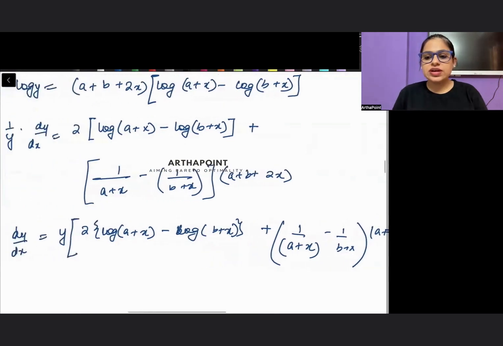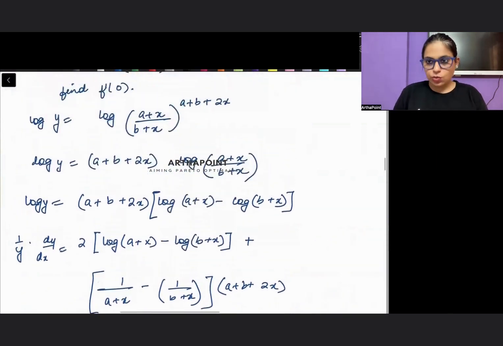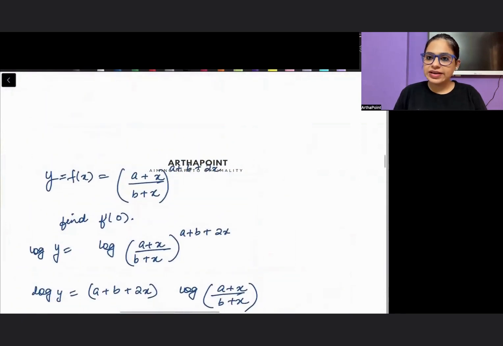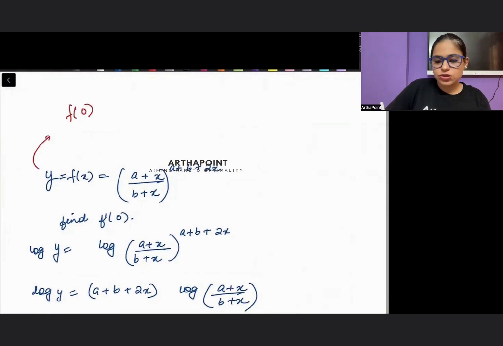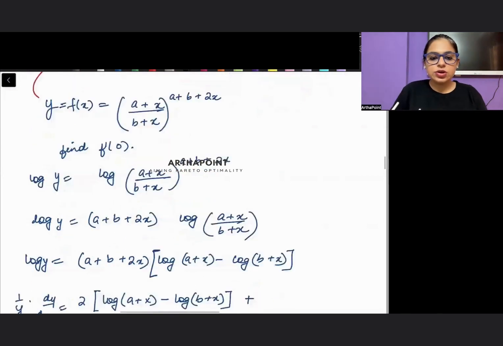So what we can therefore do is just plug x as 0. If I put x as 0, the value of y will be a plus 0 upon b plus 0 to the power a plus b plus 2 into 0, so this is going to be a by b to the power a plus b.